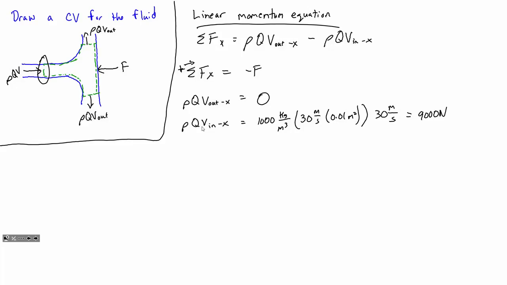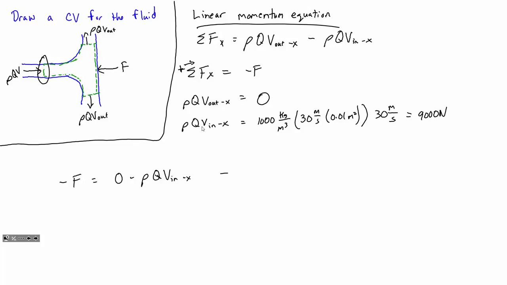Okay? If we go back and plug in our original equation, here we derived each of the individual components for that linear momentum equation. We can say here that negative F is going to be equal to 0 minus rho Q V in the x direction. Okay?